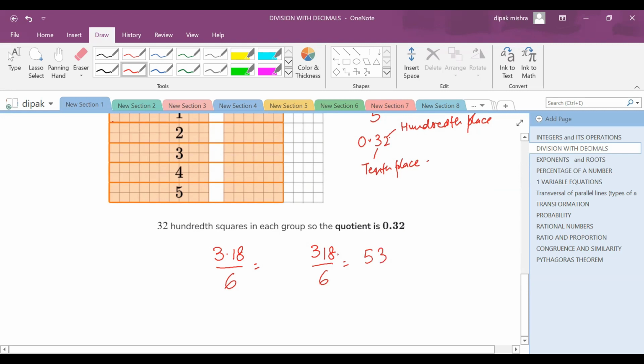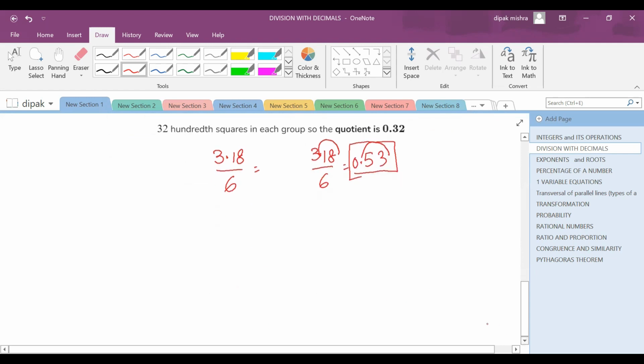Now since the whole number is 318, but the original number is 3.18, by default the decimal is here. When it shifts to the left by 2 places, the result also will shift the decimal from the right to the left by 2 places, and hence you get the number to be 0.53. This is how you divide decimals, right?